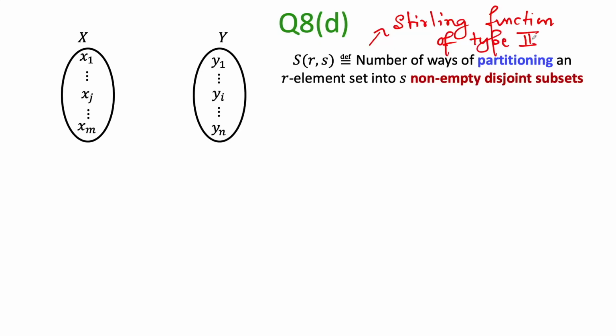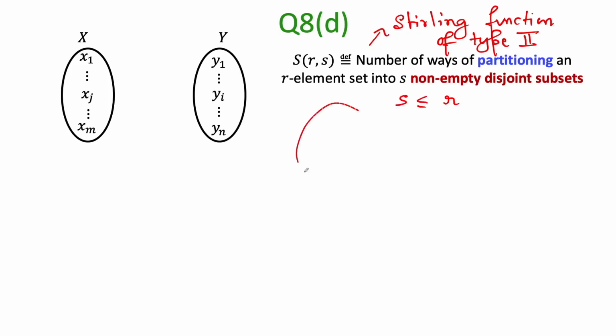This is a two-input function. It takes an input r and an input small s, and it denotes the number of ways of partitioning an r-element set into s non-empty disjoint subsets. Of course, s has to be less than or equal to r.